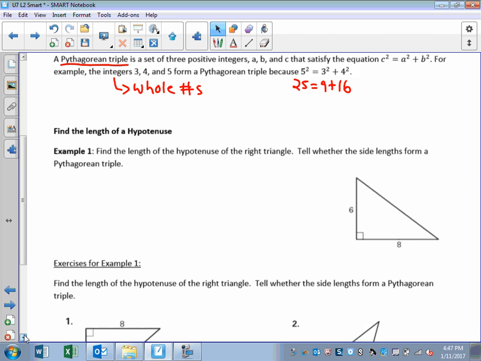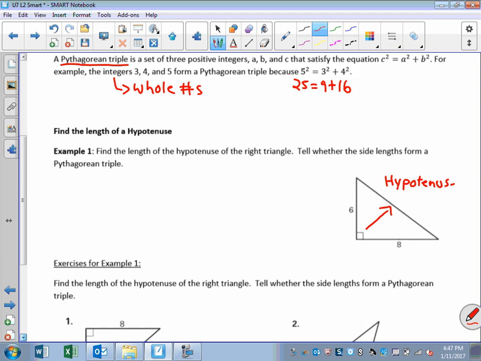If they weren't telling us, and we knew it was a right triangle, we would still be able to tell which side is the hypotenuse, because the hypotenuse is always across or opposite the right angle. So if you look at the right angle and go across, that's always going to be our hypotenuse, which we have given the letter C normally. Okay. Now we have the other two sides of the triangle, which we've given the letters A and B.